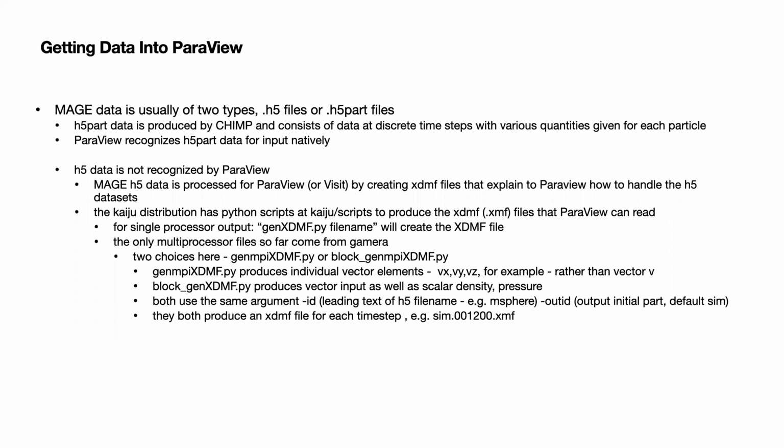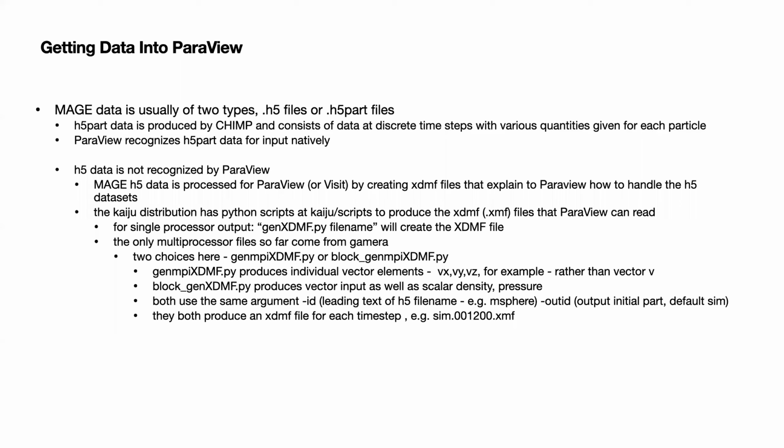Okay, so the first thing you have to do is get the data into Paraview. Basically in MAGE, we're dealing with two different types of files: either HDF5 files or what are known as H5 part files. H5 part is produced by Chimp and basically consists of data at discrete time steps with all of the quantities that are being output given for each particle.